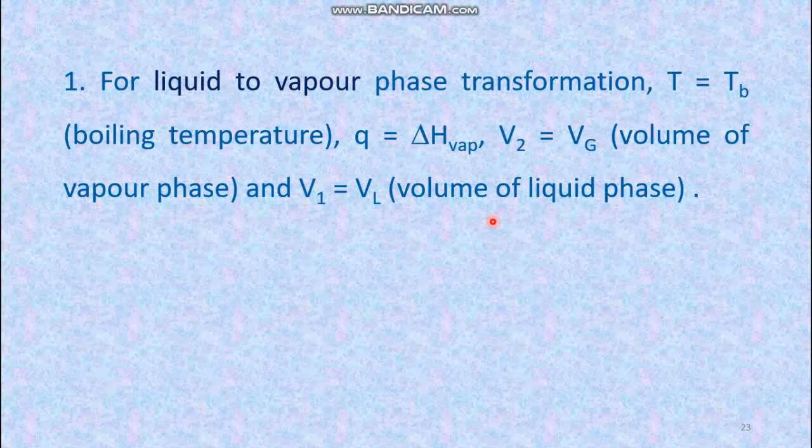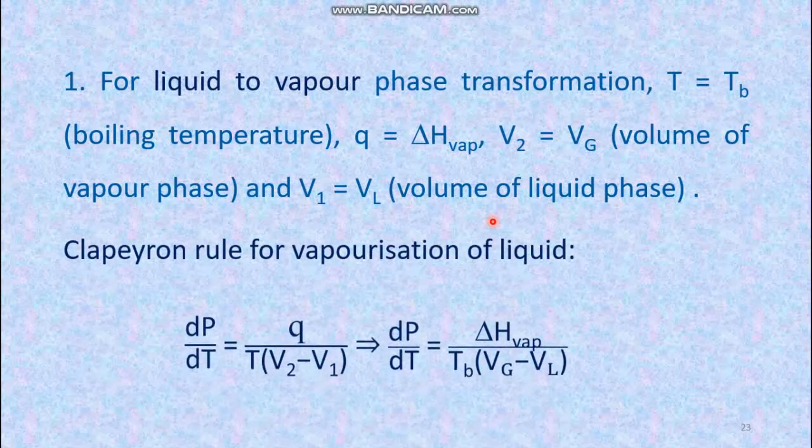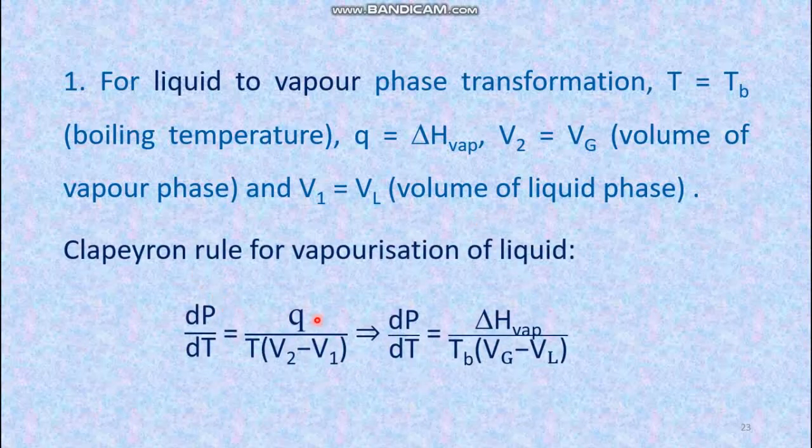In that case, the Clapeyron equation gets this form. In place of Q you write delta H vaporization, in place of T you write TB, in place of V2 you write V of the gaseous form, and in place of V1 you write V of the liquid form. So this equation may be utilized for a liquid to vapor equilibrium.